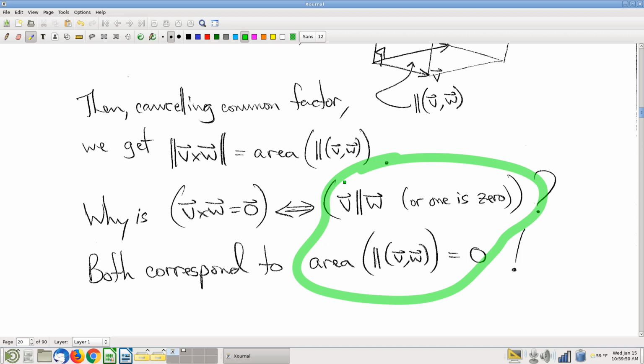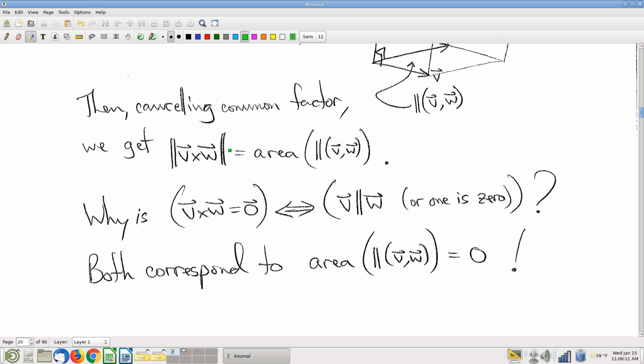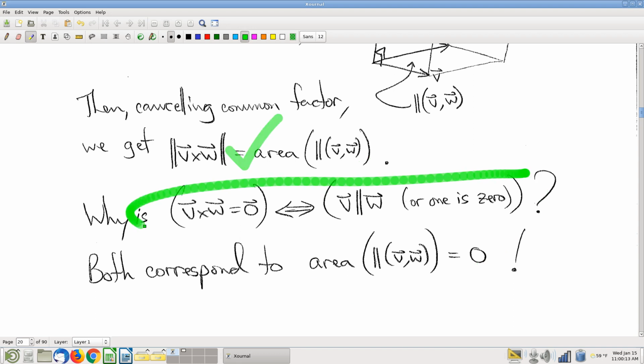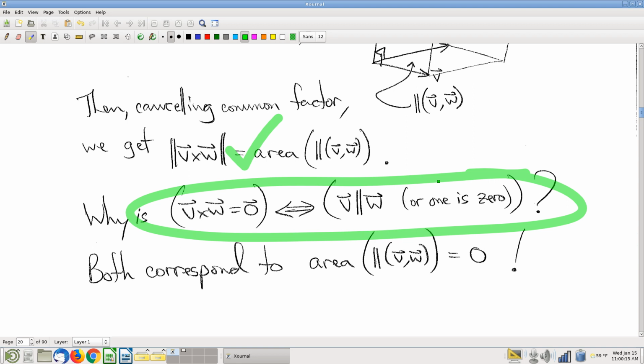Well, again, geometric appeal. Think about a parallelogram, and how are you going to make a parallelogram with area zero without having the vectors be parallel or one of them be zero? So this is, I think, real geometric satisfaction, really geometrically natural and easy to see. So this fact gives us a natural intuition for why this ought to be true.